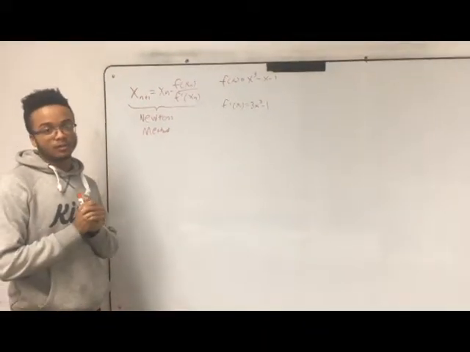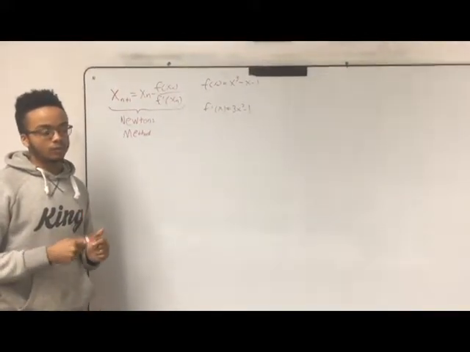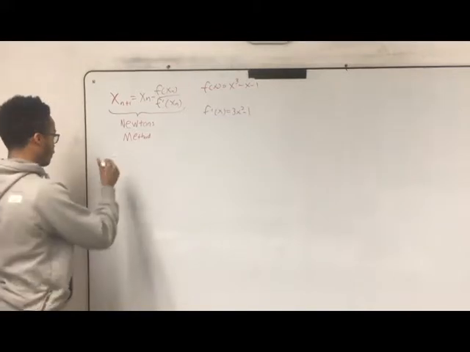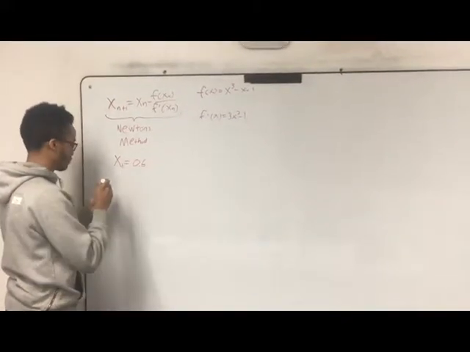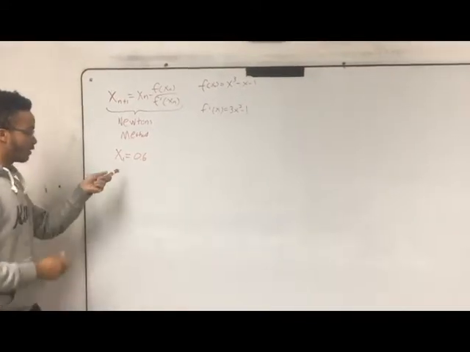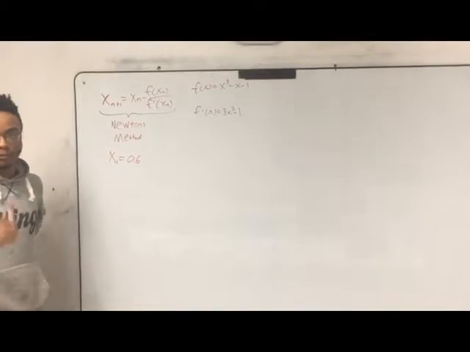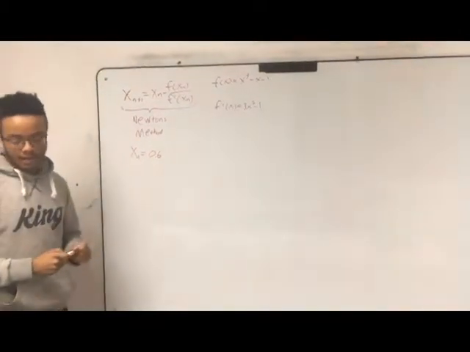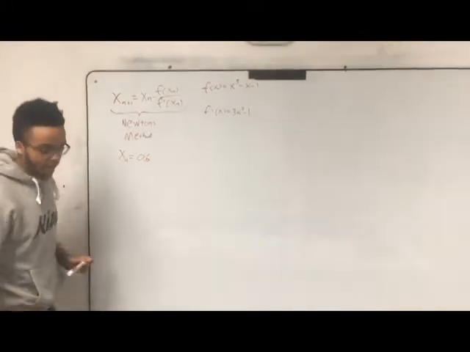For this part, 2b, we now have to calculate with Newton's method using our new root of x of 1 equals 0.6. You may notice that this is less as compared to our first root, which will be explained in the later part as to why it's important to make sure that you have an accurate guess.